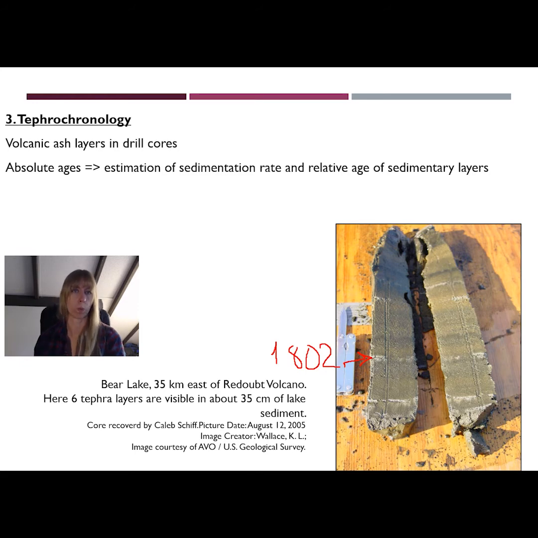And maybe this layer of tephra is from 1952. So we can basically say this much sedimentation happened between these two eruptions, meaning that maybe there was just a lot of snow that year, and so you had a lot of runoff, or maybe other events occurred, but it helps you say, okay, each one of these is a distinct layer.